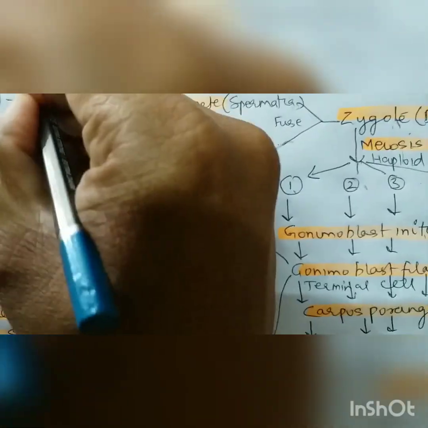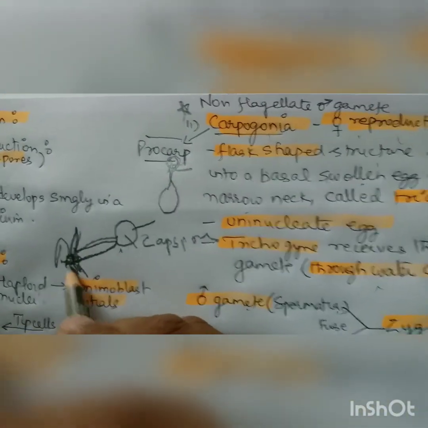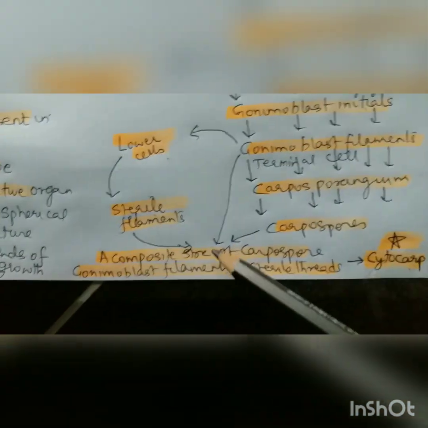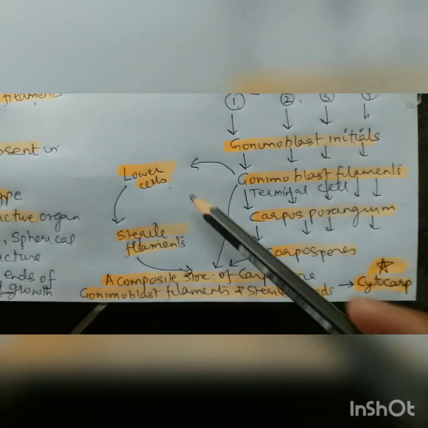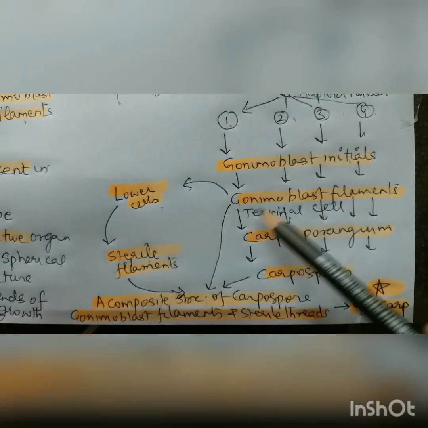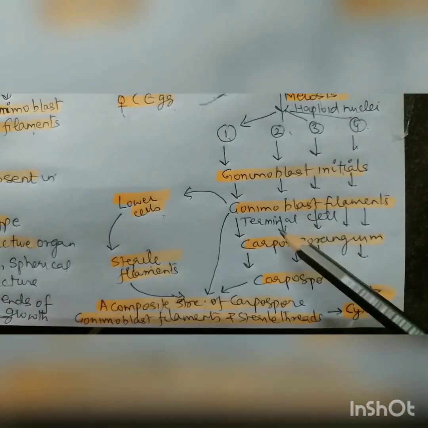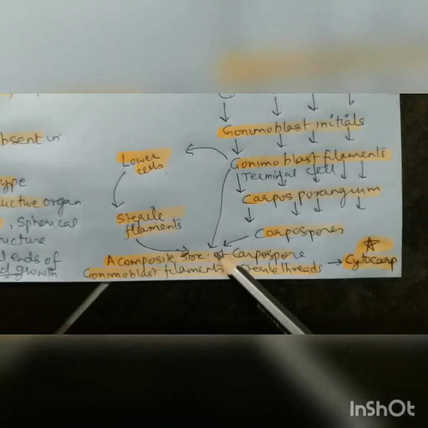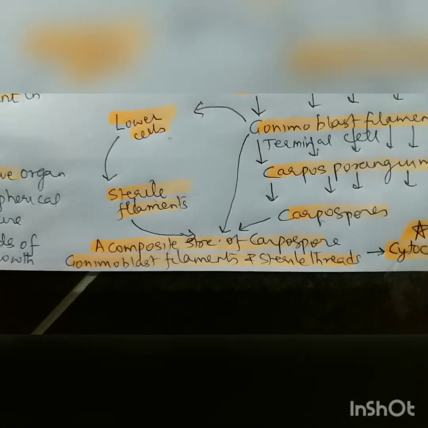And the lowermost cells of the gonimoblast filaments, this one, they will form a structure called sterile filaments. So this complete structure, which consists of sterile filaments, gonimoblast filaments, carposporangium and carpospores, forms a very important structure called cystocarp.